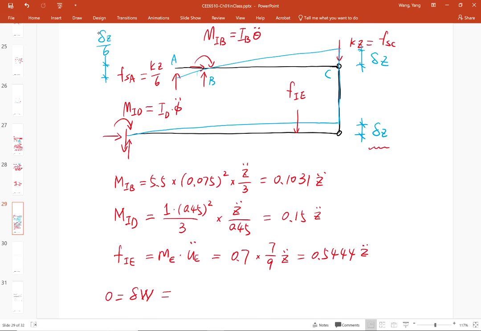And FSA, okay, I can try to use this space here, is KZ divided by 6. K is 5,600 newtons per meter, multiplying Z divided by 6.